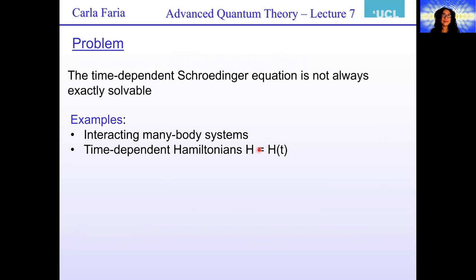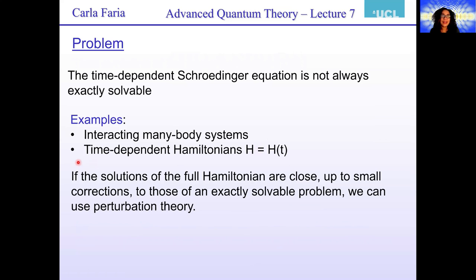So what do we do? Sometimes you get lucky, because the solutions of these Hamiltonians may be close, up to small corrections, to those of a problem you can solve exactly. And that's why you say you perturb around that problem.